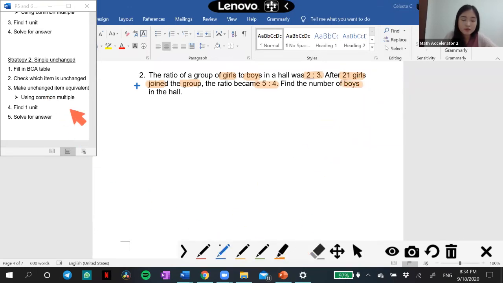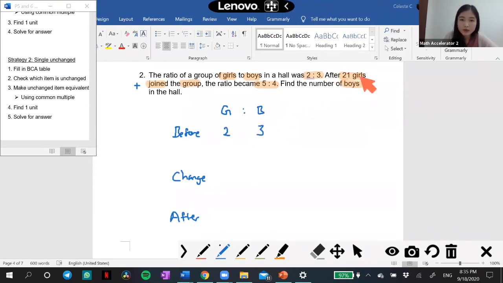So step 1, fill in the BCA table. You have girls is to boys. B, C, A. Before, change, after. At the beginning it was 2:3, so fill it in, whatever you highlighted here.